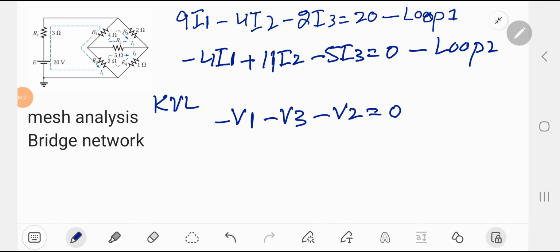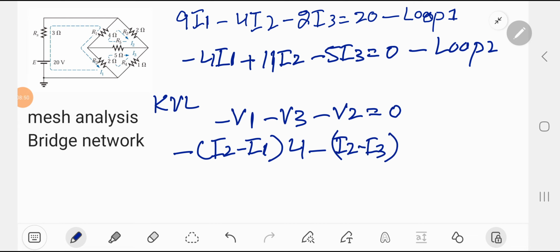V1 is among loop 1 and loop 2, so (I2 minus I1) with a resistance of 4 ohm, minus V3, which is among loop 2 and loop 3, so (I2 minus I3) with the resistance 5, and the resistance R2 with I2 is equal to 0.